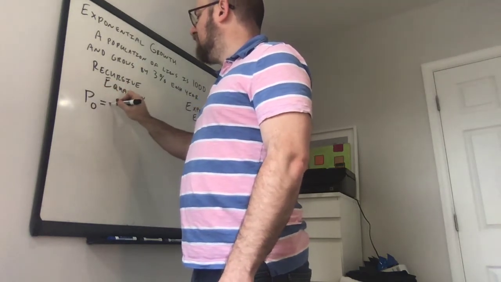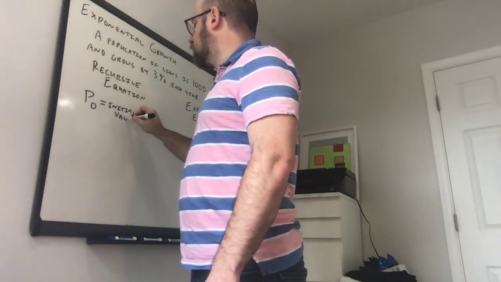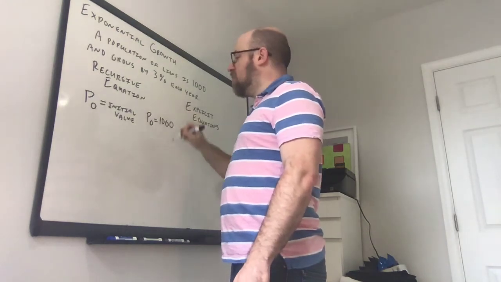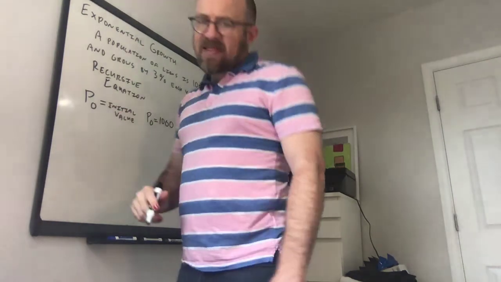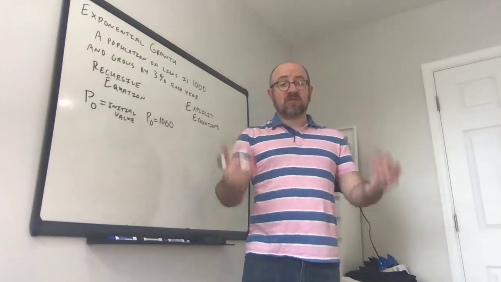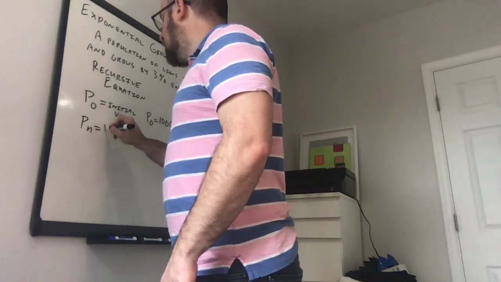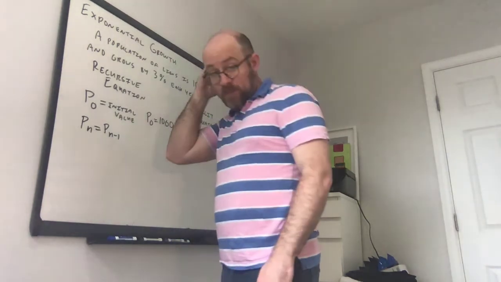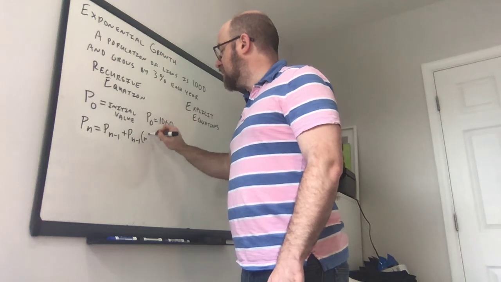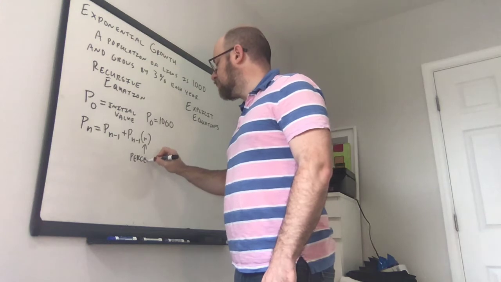We have some initial amount, P sub 0 equals our initial value. So in this particular case, P sub 0 equals 1,000. And then the other piece is we need to think about how we go from one value to the next. So P sub n is going to be equal to the previous value plus some fixed percentage of the previous value.